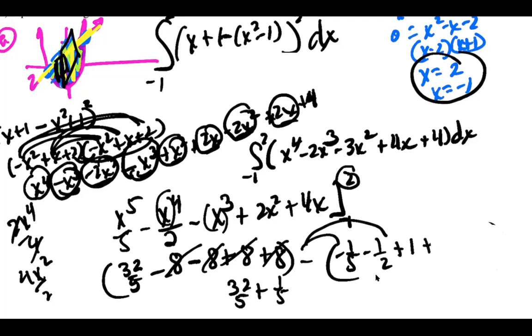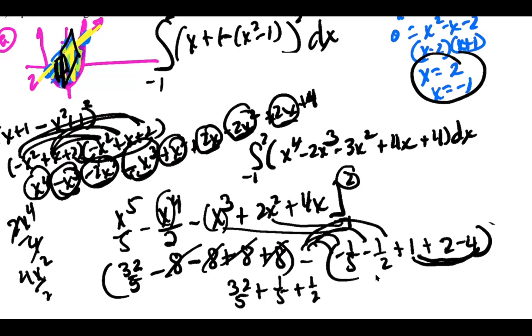Let's see, I was filling in -1. That was 1, that was 2, and then minus 4. All right, so this was plus 1/5, plus 1/2. And this part is 3 minus 4 behind the negative, so that's going to be plus 1.